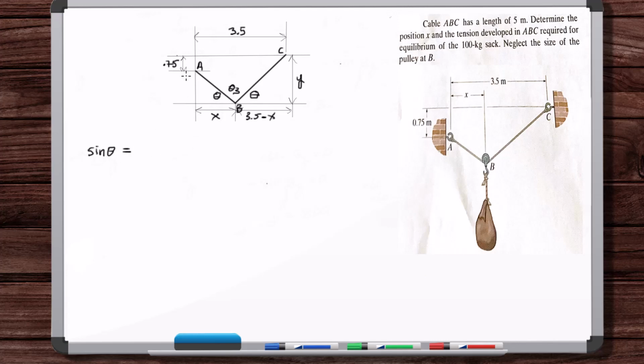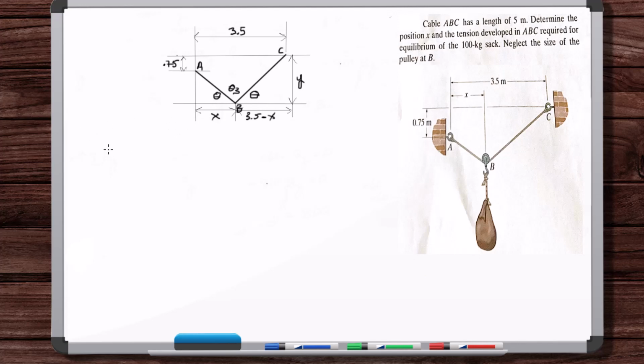The opposite, this is y minus 0.75. Well, we don't want to. Let's try tangent, because we know this x very simply.